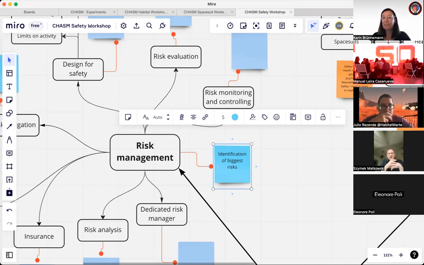But as you said, Shimik, we have some protocols at least for the major risks, yeah? Is that what you're saying? Did I get this right? Okay, thank you. Protocols and rehearsals for the biggest risks. Oh, absolutely, yeah.